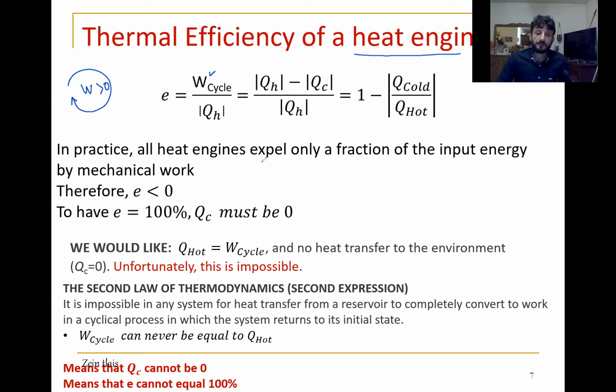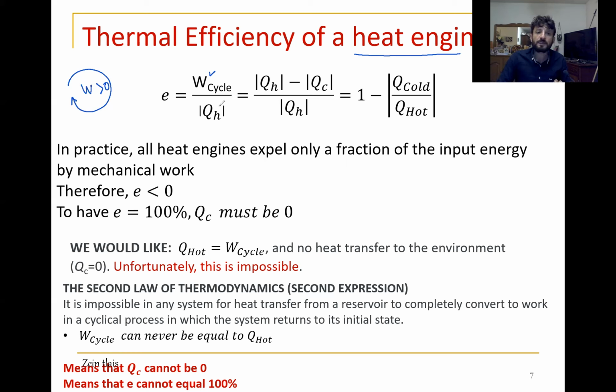Second point: all heat engines convert only a fraction of the input energy into mechanical work. You cannot convert the total quantity of Q hot to work because you have Q cold. Just a part of the heat is converted to work omega, and the other part will be Q cold.